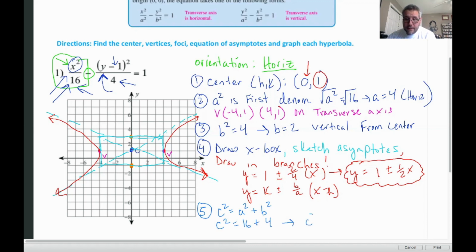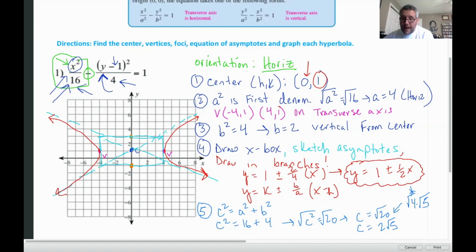So we get c squared equals 20. Take the square root of both sides. C equals the square root of 20. Remember, 20 is containing a perfect square. It's root 4 times root 5. 4 is the perfect one. The square root of 4 is a whole 2.